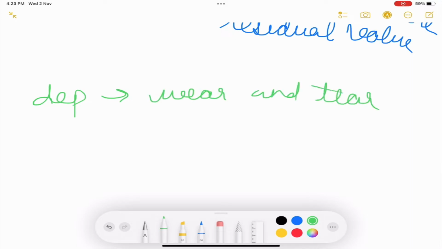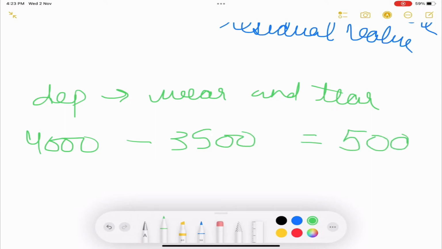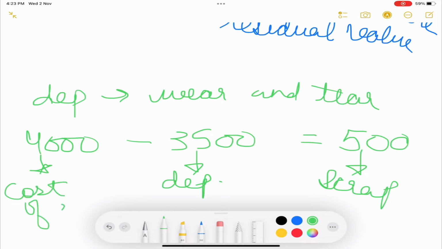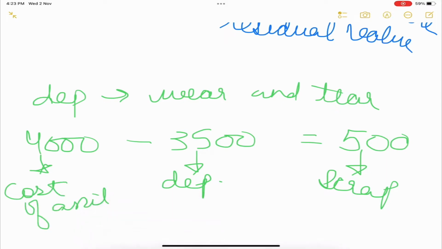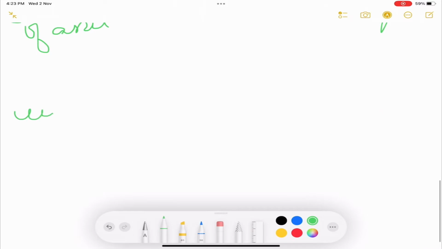So it was initially 4,000 and I had a depreciation of 3,500, and today if I sell it, I'm getting only 500. So 500 is the scrap value, 3,500 is the depreciation, and 4,000 is the cost of the asset. Clear with all this? Easy. Nothing is difficult in this.